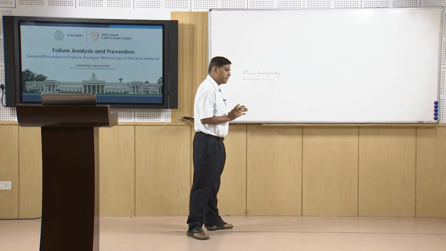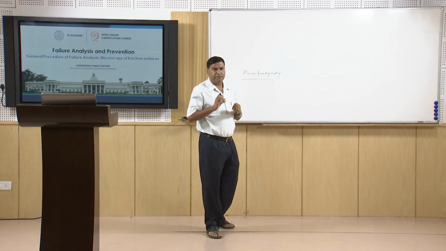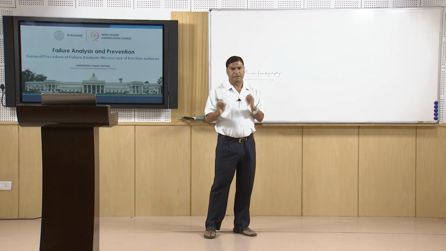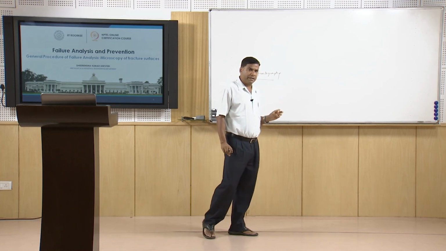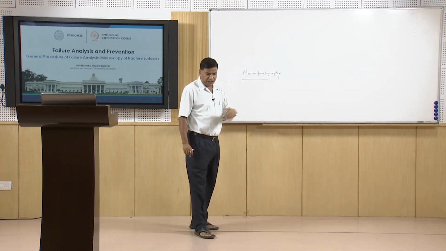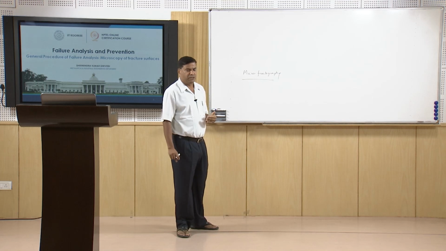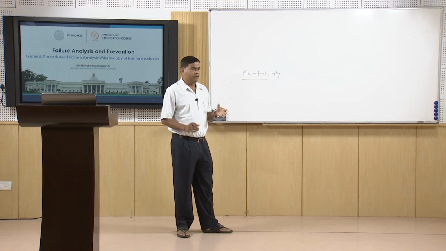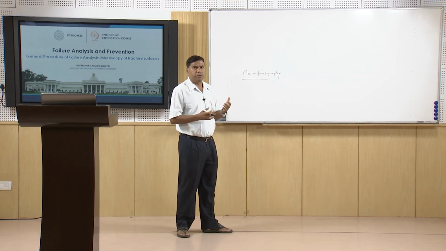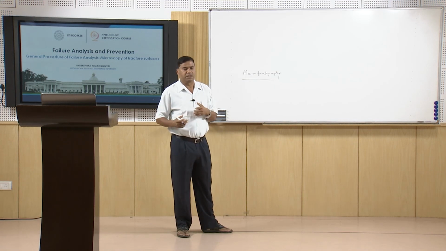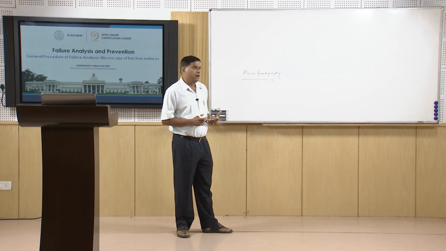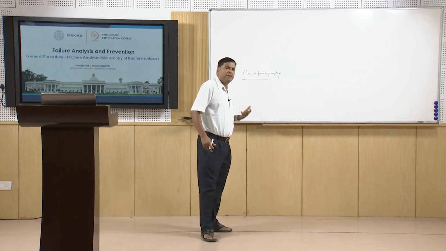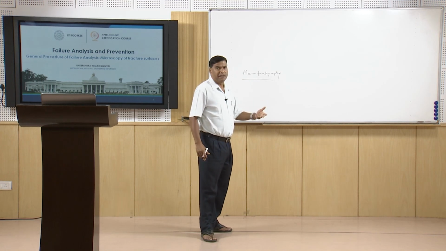The low magnification observations help in identifying a number of aspects related to the fracture, like the location where failure has taken place, the direction of crack propagation, and the kind of loading, whether the component was subjected to plastic deformation prior to the fracture or not, whether there was fatigue or cyclic loading or not.